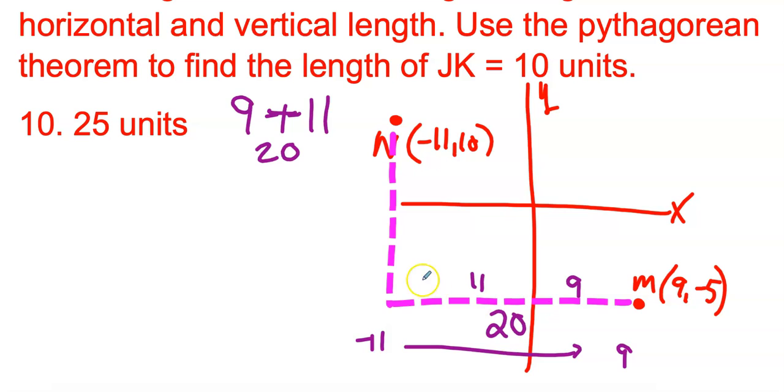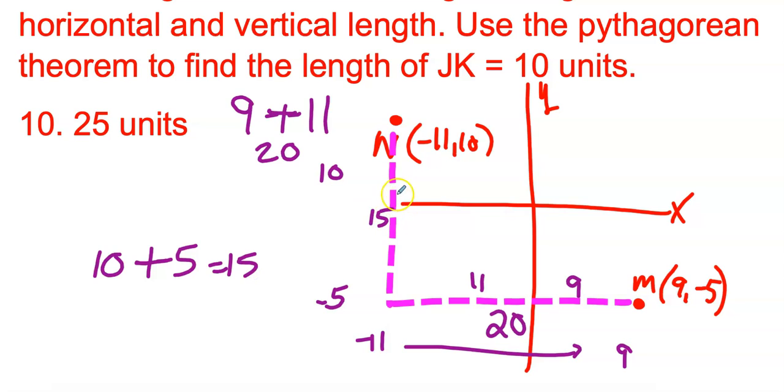Okay? To find your vertical value, we're going to take a look at our y coordinates because the vertical is change in y. So I'm going to ask myself, well, how did they go from a positive 10 all the way to a negative 5? What is that distance? So again, we can subtract them. 10 take away a negative 5. Always make sure to take the absolute value, but I do get 15.